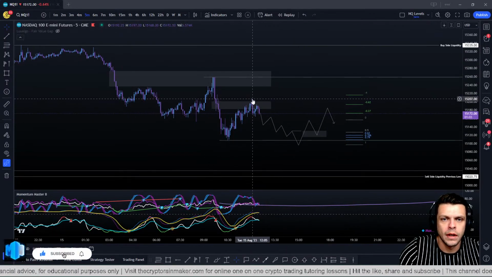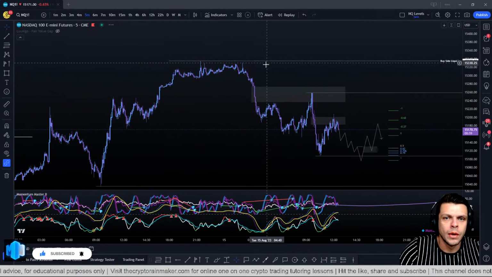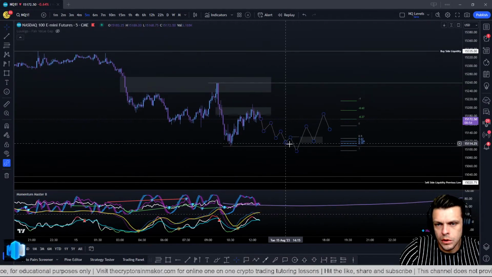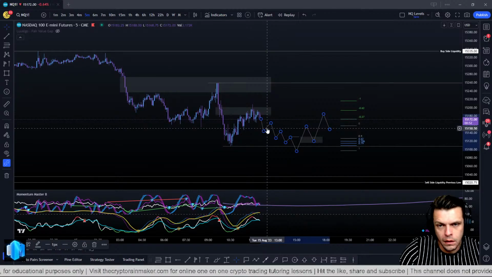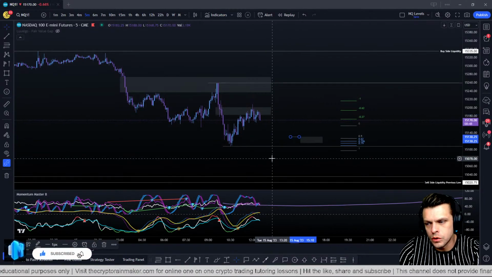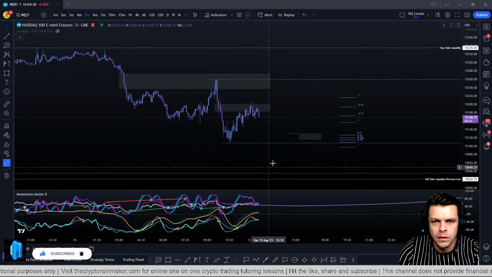That will be there and over there, and then I will keep a runner to go and take out this liquidity right there. So right now this seems like the main play that I'm going to be looking at for the afternoon session, which starts again in 25 minutes from now.